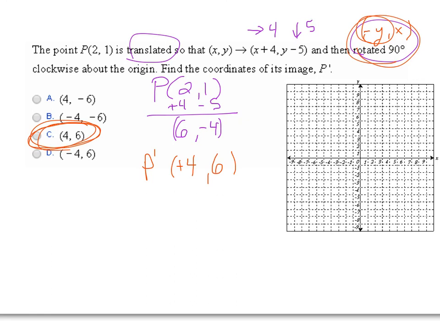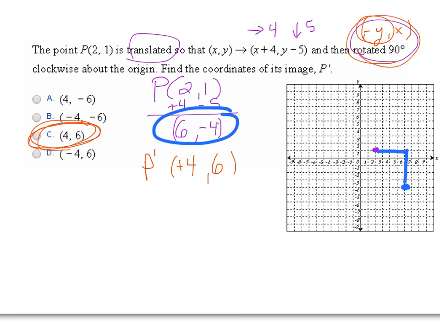So if you can see where we start, we would have my coordinate at 2, 1, right there in the purple. And then once I translate it to this new coordinate, I would move it to the right 4 and up 5, or down 5, sorry, so that I would end up down here at negative 4.